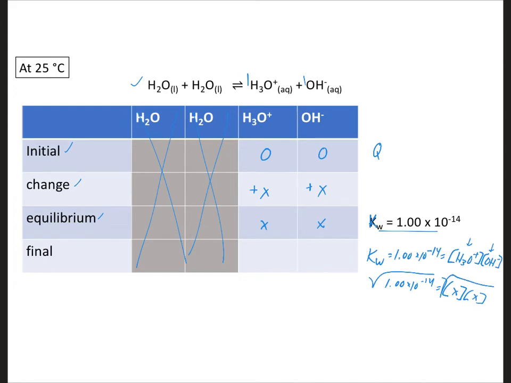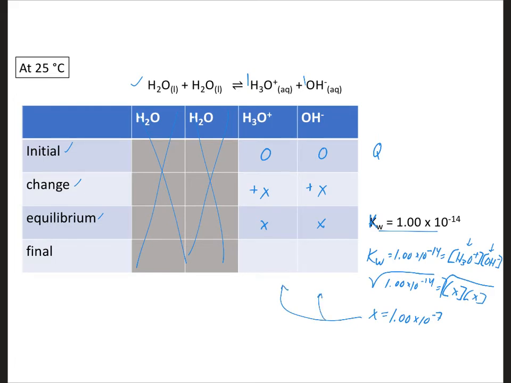and our calculator is going to tell us that what we have for x is 1.00 times 10 to the minus 7 when we take the square root. So that's x. So now what we need to do is make sure that we put x back into our table in the appropriate places.